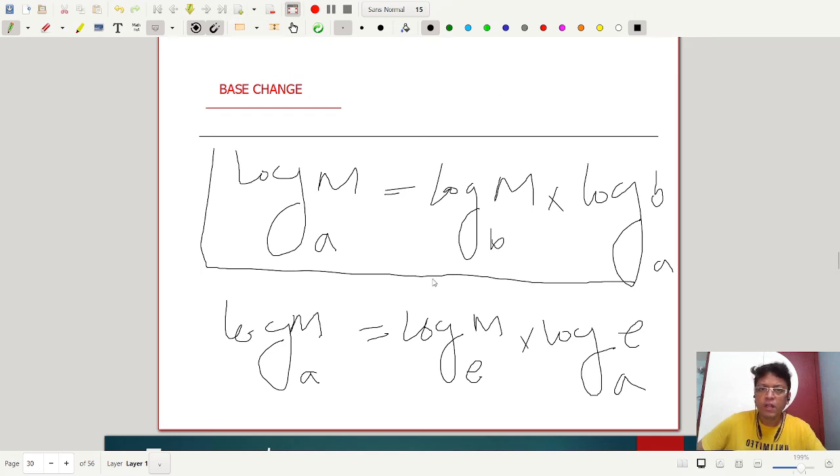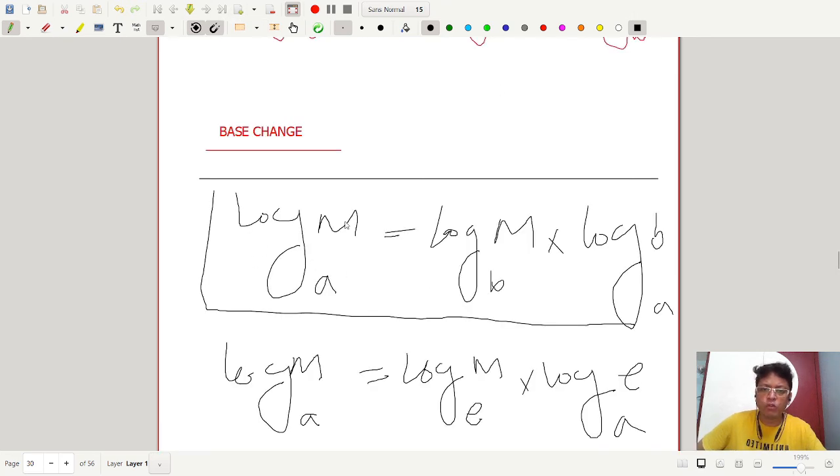Now suppose we write m equal to a, then it will be log a base a, that is equal to 1 on the left, and you have 1 base b.